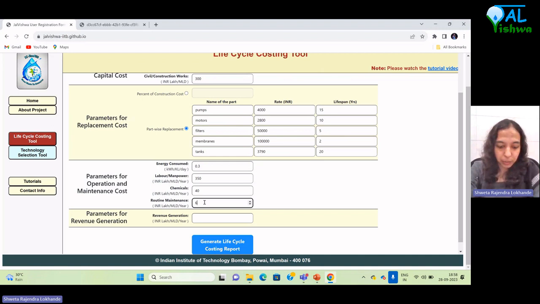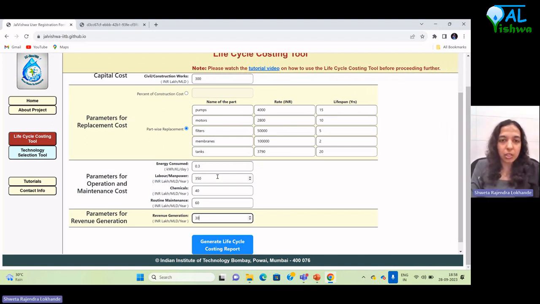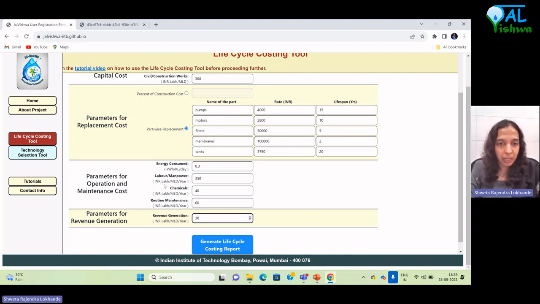One thing that you have to be careful about is the units, because there is a formulation in which the life cycle cost is obtained in lakhs. The computations will be correct provided you enter the data as per the units mentioned here. So it's very important for the user to note down the units in which the costs are represented.